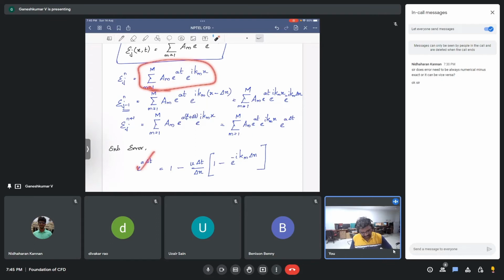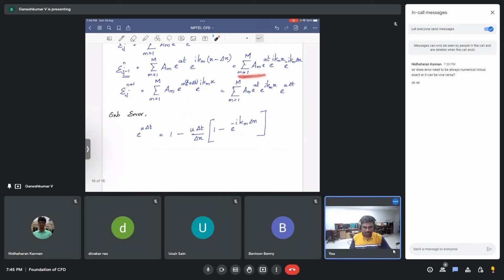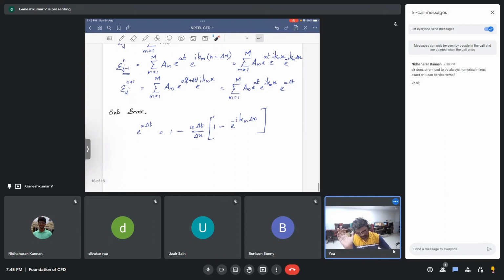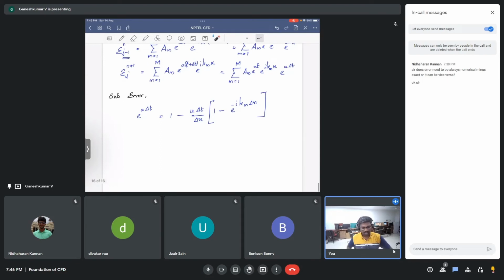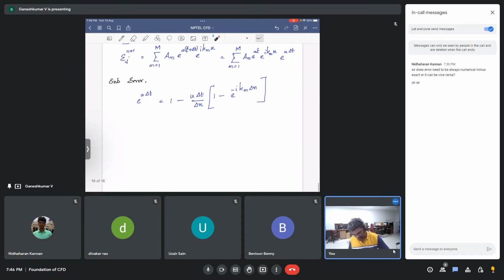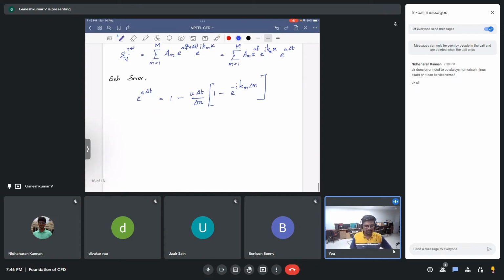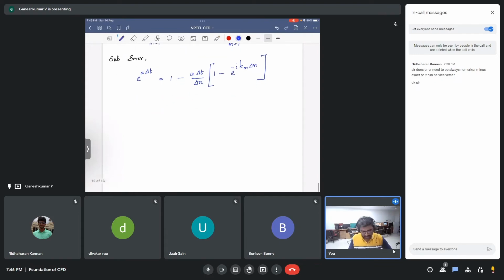I am cancelling all the e power at, e power I k_m x terms in each and every term, so that I end up with only this equation. There is still the summation of m equal to 1 to M of a_m, but let's not worry about it. Our aim is to find this thing. Is that clear, everyone? In the interest of time, I am skipping a few steps. You can derive it also, no problem.